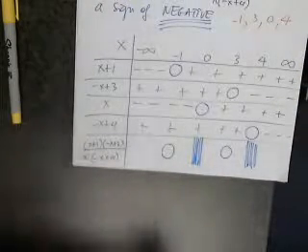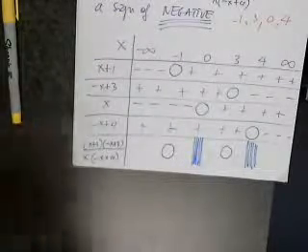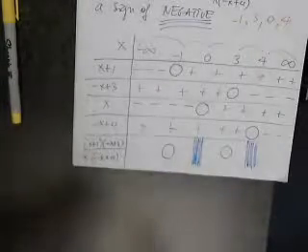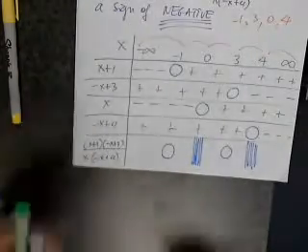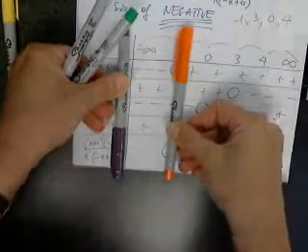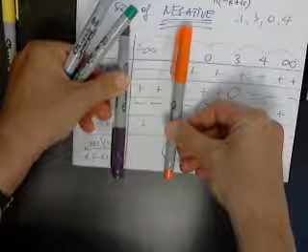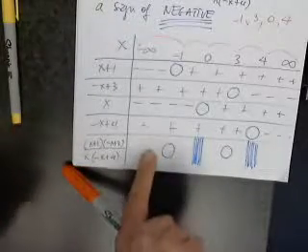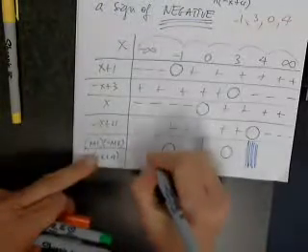Good. How many subintervals do we see here? 1, 2, 3, 4, 5 subintervals. On the first subinterval, please count the negatives. Even number of negatives. What will be the sign? Perfect.